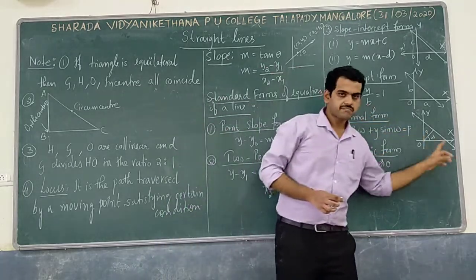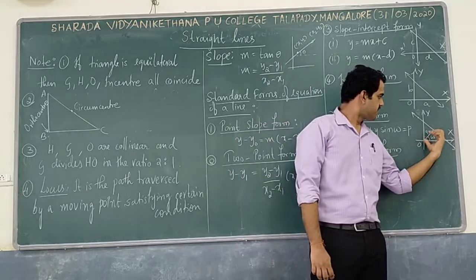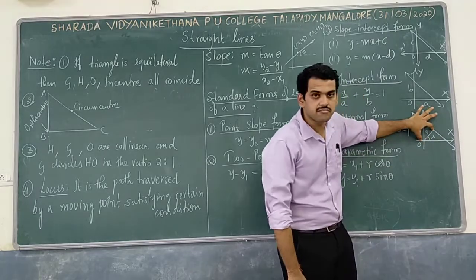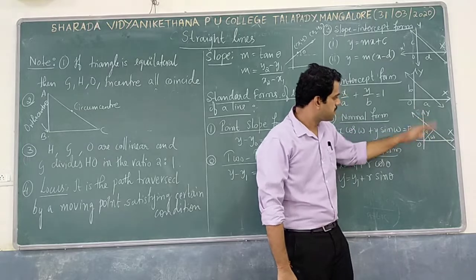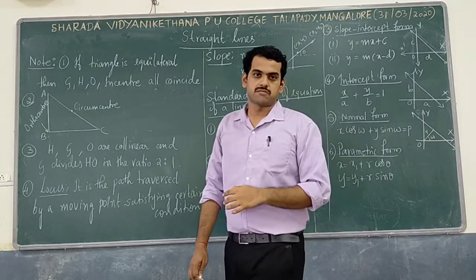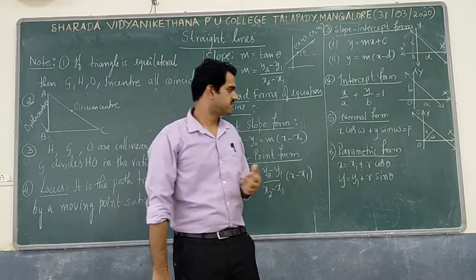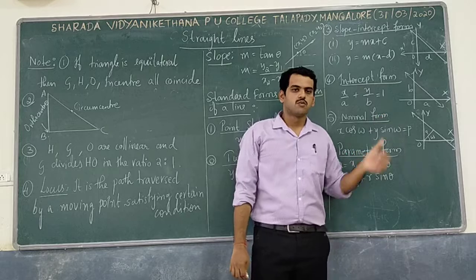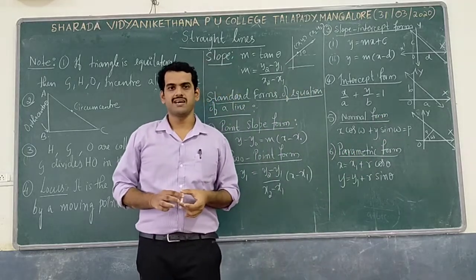Consider a straight line, and you drop a normal from the origin to the line, and we know its length, suppose it is equal to p, and the angle made by the normal with respect to the positive x-axis is omega. Then the equation is given by x cos omega plus y sin omega equal to p. This gives the equation of the line.